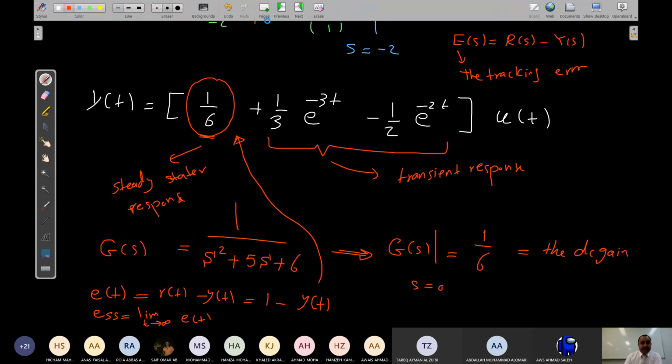So simply here, e steady state is equal to the limit when t goes to infinity of e of t. Now this one equals what?